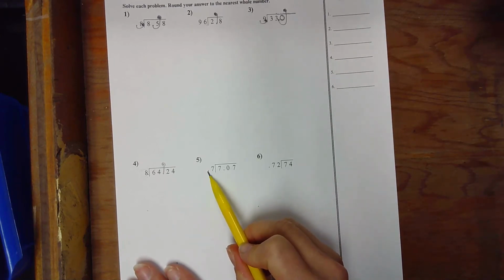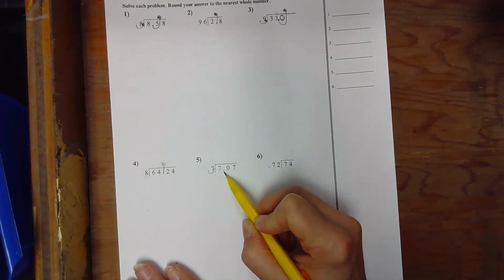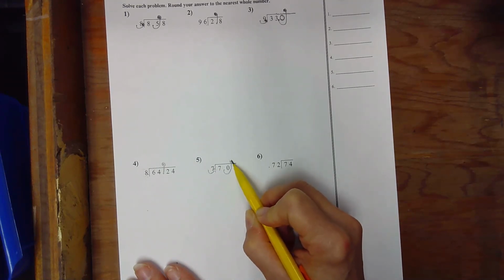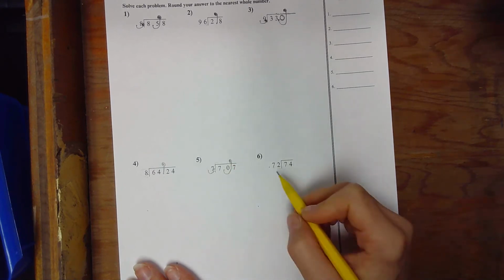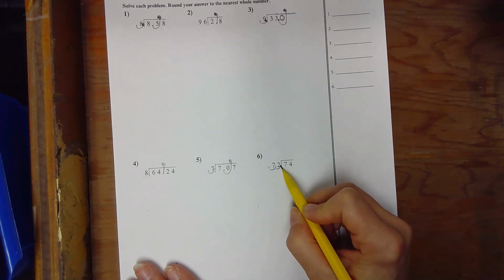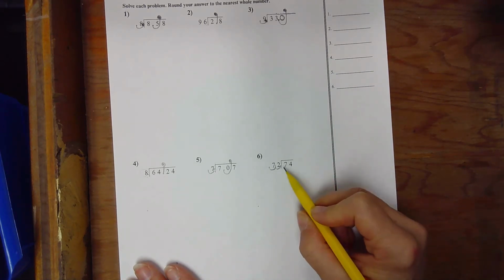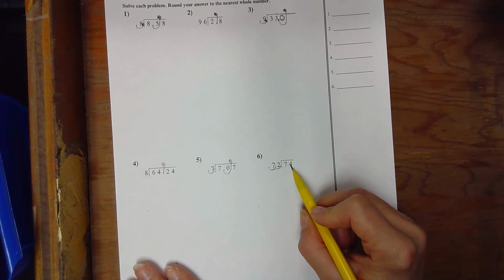What about here? Ooh, I need to nudge this decimal right next to the bracket. So I must nudge this decimal right up into the answer. How many places will I nudge? Not just once. That doesn't get it next to the bracket. Nudge it twice. Where's the decimal here? Well, if you start it here, that doesn't show a whole number. If you put it here, that shows 7 whole things, but 4 parts.